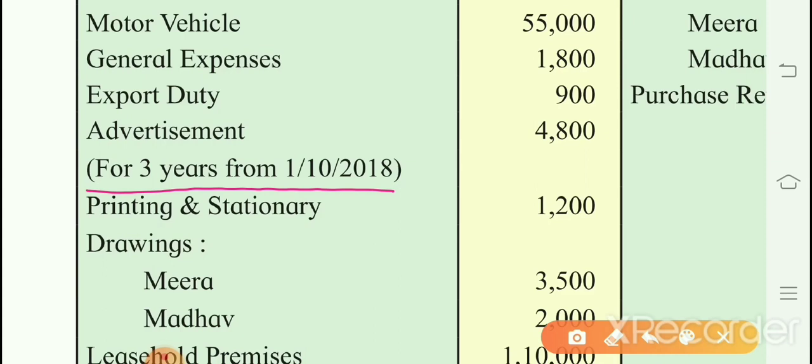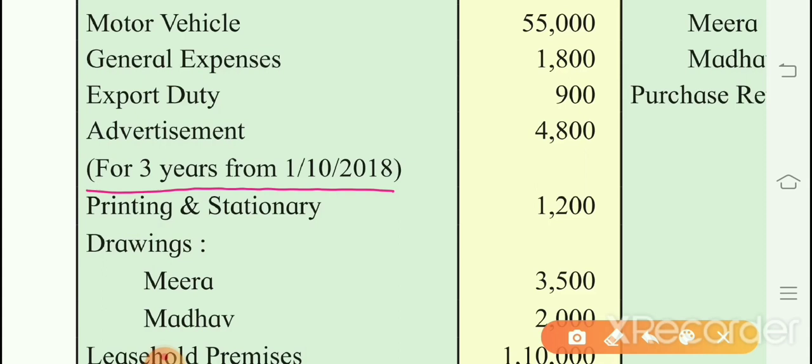In the working note, we will find the amount of advertisement which is actually paid for this year. You may write it this way: if for 3 years the advertisement expenditure is 4800, then for 1 year how much will it be? Do the cross multiplication, you will get the amount of rupees 1600.